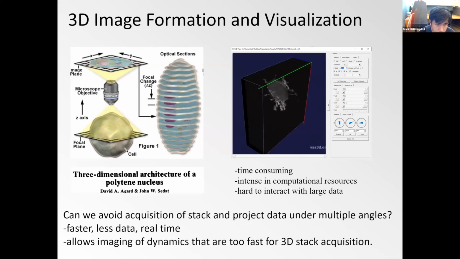And if we could come up with some algorithms, we could maybe also infer three-dimensional information from it. And as the thing goes really fast, we could also follow dynamics that are too fast for classical 3D acquisition. Think of the OPSIM I showed before. If we really went to the lowest exposure time, some of the clustering dynamics were still too fast. So maybe if we could get an order of magnitude quicker, that could help.